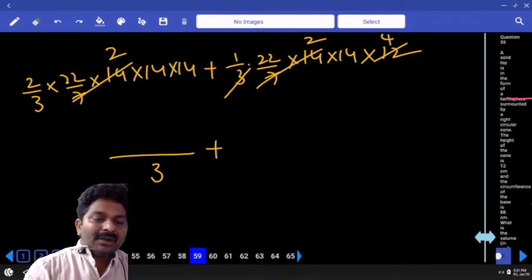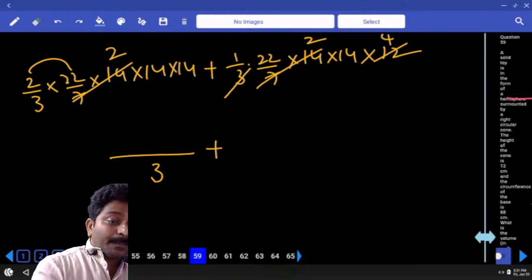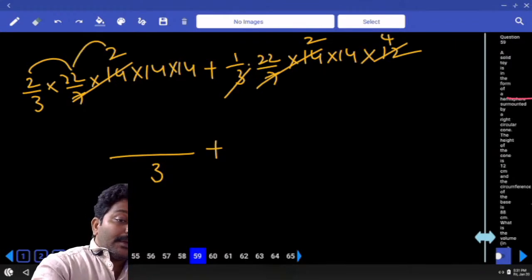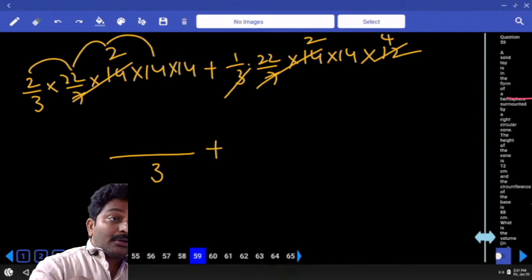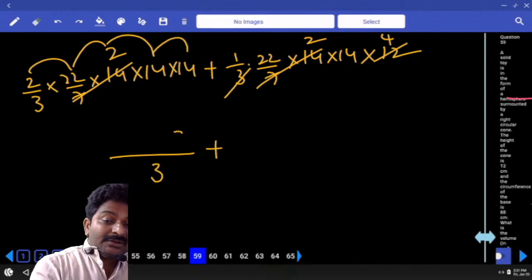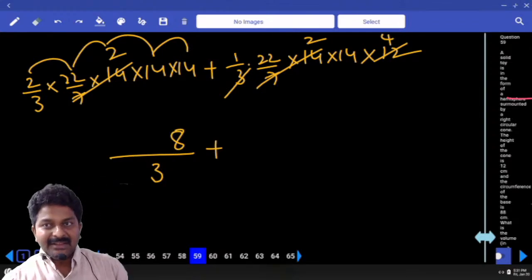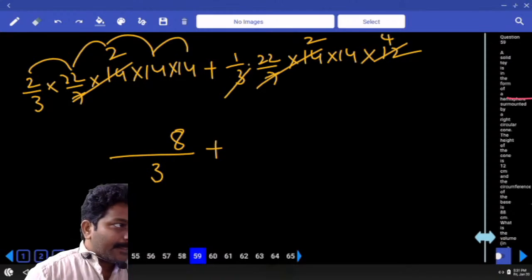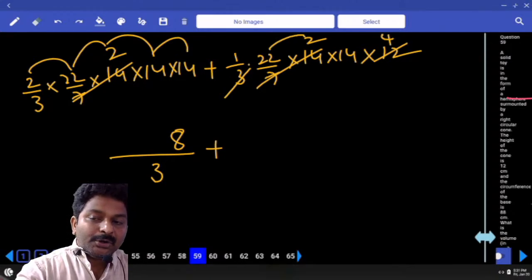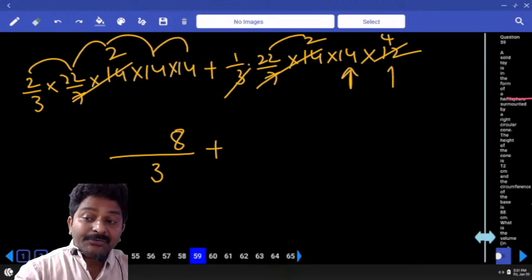No. Now let's see. 2 into 2, 4 into 2, 8 into 4 ends with 2. So your first number's numerator is ending with 8, denominator is 3.